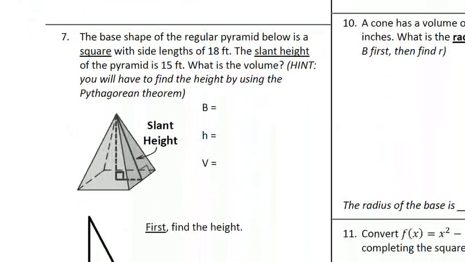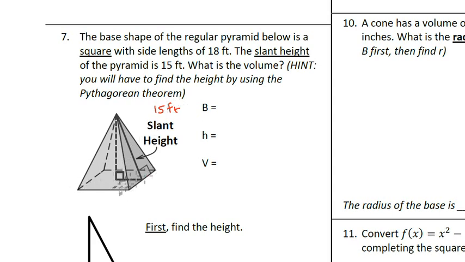All right. Well, now we get a little more complicated here. Question number 7. They don't give you the height on this one. They give you the side lengths of the base, which is a square, 18 feet and 18 feet, and they give you a slant height of 15 feet. Sorry, did I say 15?